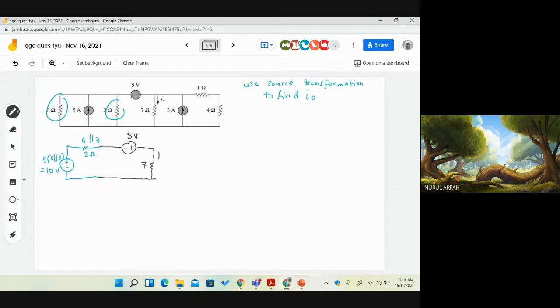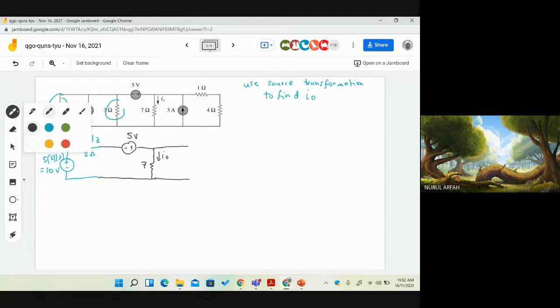Let me put this one here so that you can see which ones we transform. 7 and this is I naught. Every time you transform, do not forget the unknown. Okay, now can somebody transform for me on the right side of this? Use a different color, maybe green? Volunteer? If you have resistors, you can add them in series.